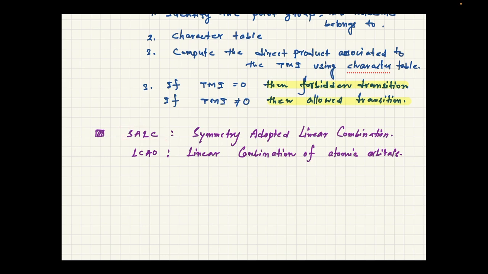Basically a molecular orbital forms using a combination of different atomic orbitals, and the number of molecular orbitals will equal the number of atomic orbitals. If you strategically combine some of the atomic orbitals, you will get molecular orbitals, and each molecular orbital can act as a basis for an irreducible representation.